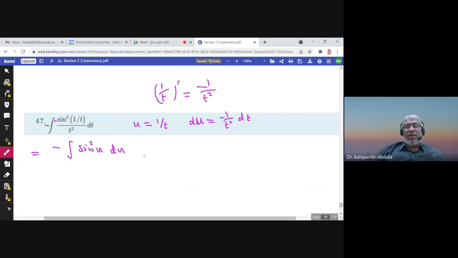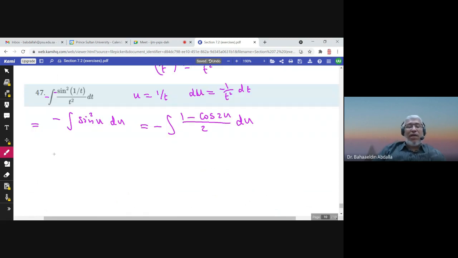But to find the integral of sine square, we know what to do. We write it as 1 minus cosine 2u over 2 du. And the answer would be negative.